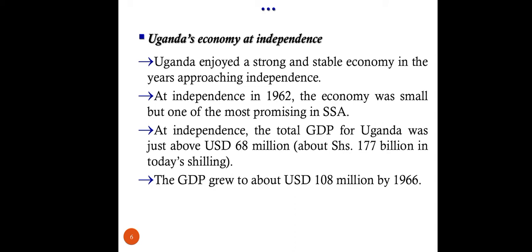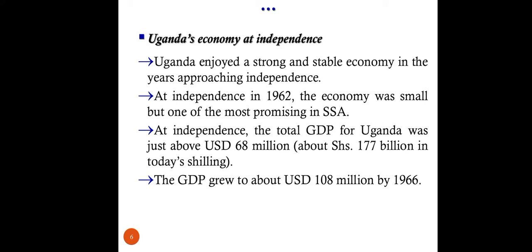So the GDP grew to about $108 million by 1966. So we are saying at independence, this is 1962, the GDP was at 68 million. And by 1966, that is just 4 years, the GDP managed to grow from 68 million to 108 million US dollars.